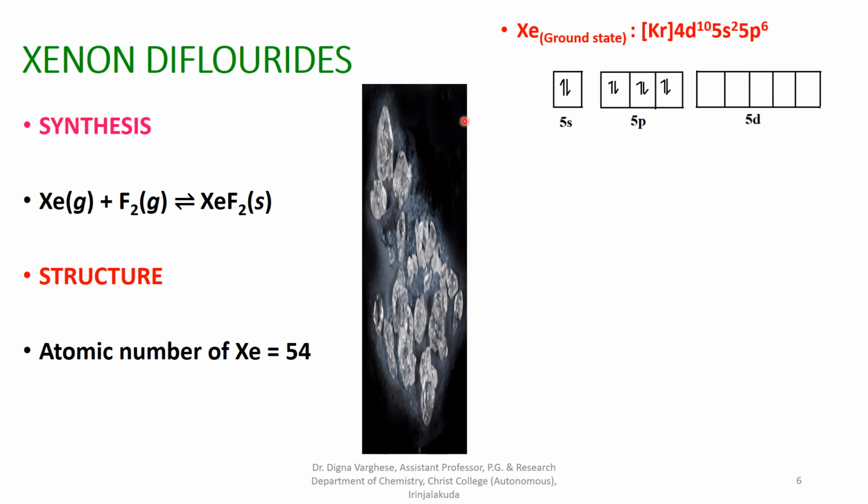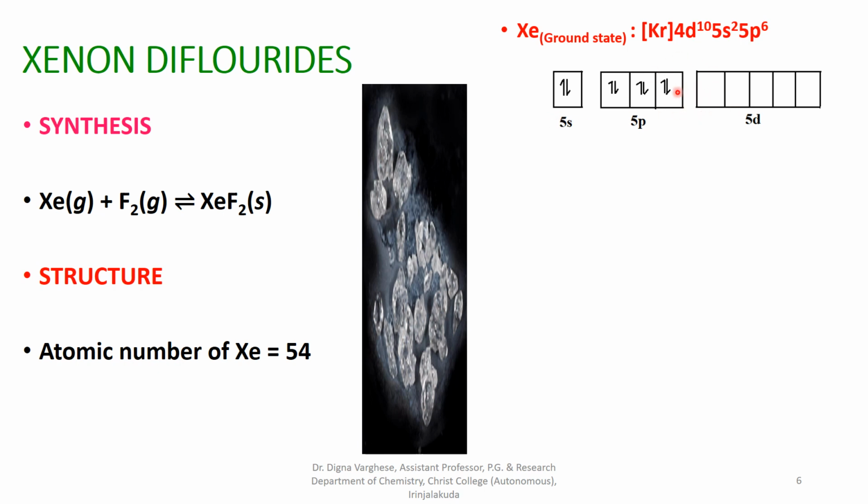According to valence bond theory, a covalent bond is formed between two atoms, here xenon and fluorine, by the overlap of half-filled valence atomic orbitals of each atom containing one unpaired electron. This is possible only if one of the 5p electrons of xenon is promoted to an empty 5d orbital of the same xenon atom.